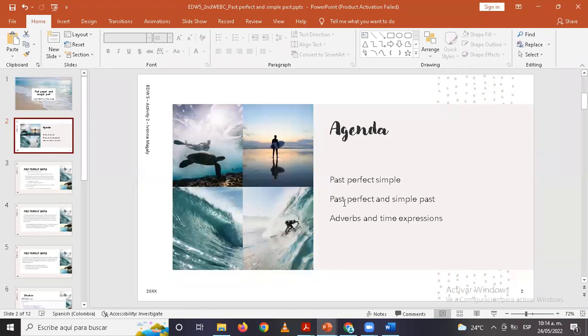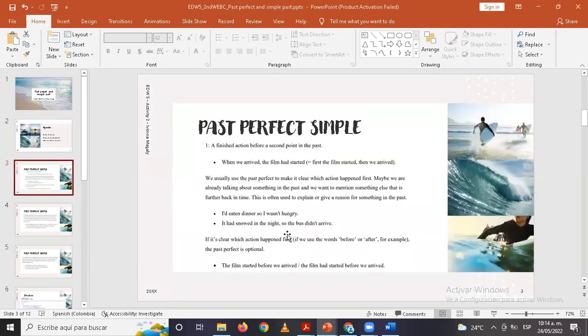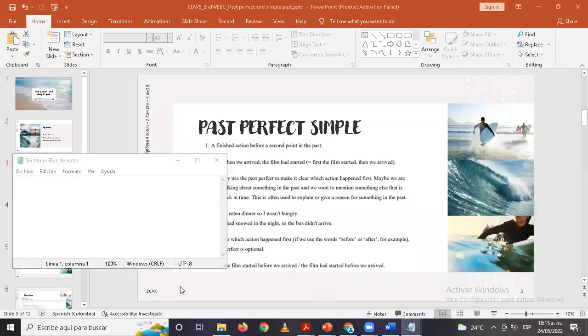Here I will explain past perfect simple, but okay, there is a problem with Felipe Cruz's connection. Let me see. Okay, welcome, you are twice, Felipe Cruz. Okay, welcome, Felipe.